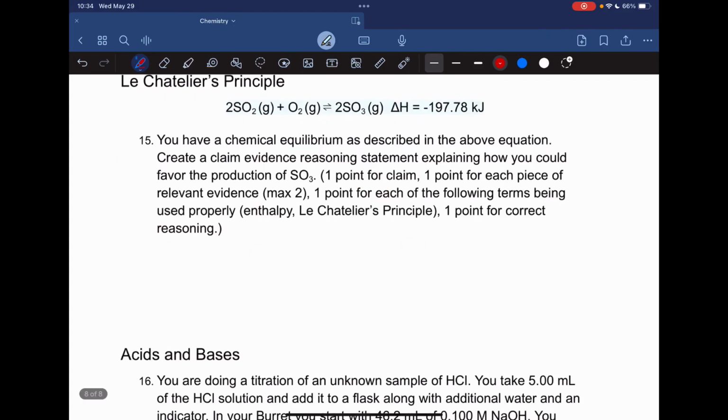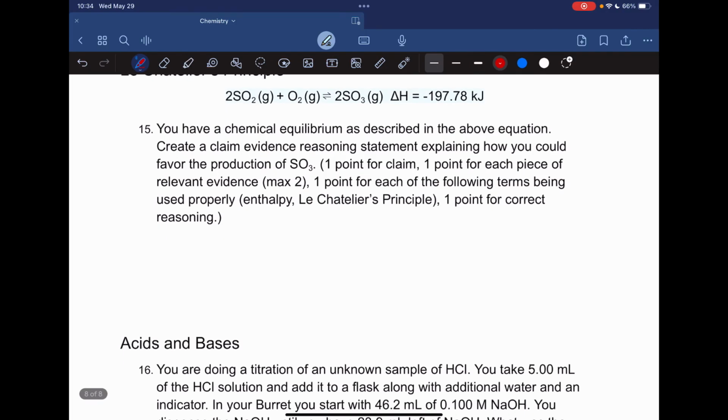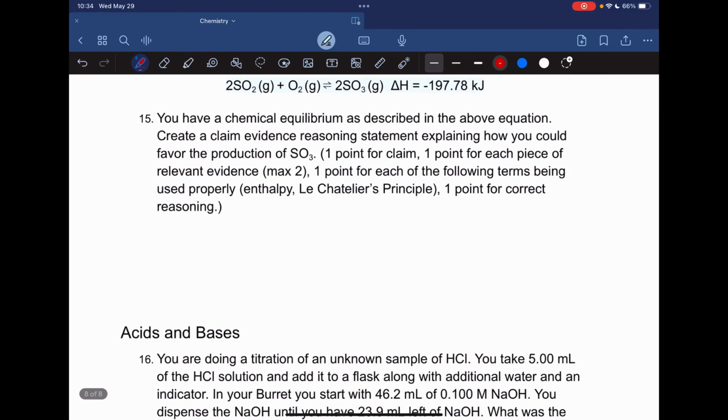Le Chatelier's principle. So this is about equilibrium reactions. We have a chemical reaction between sulfur dioxide and oxygen, creating sulfur trioxide. This is an exothermic process in the forward direction. We're going to create a claim evidence reasoning statement to explain how you could favor the production of sulfur trioxide.